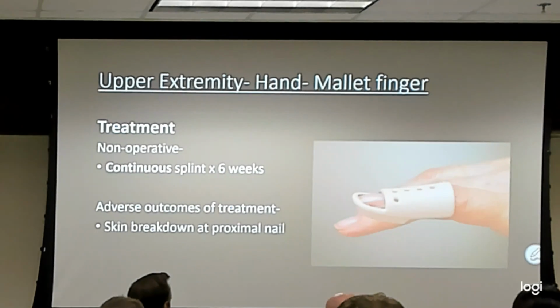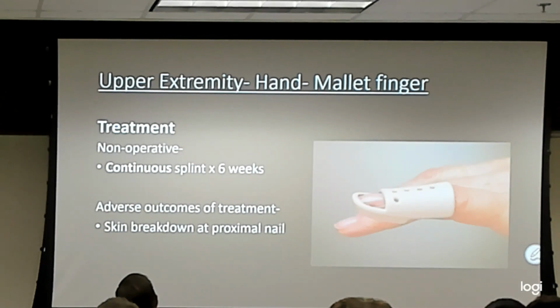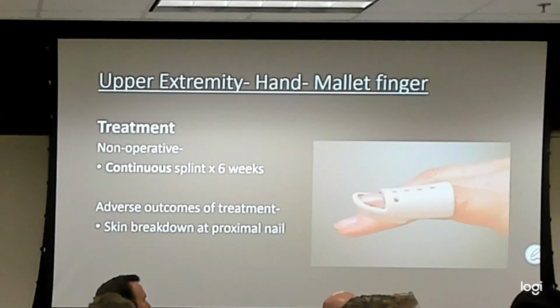Okay. And when I say continuous, I actually mean continuous. If at any point in time they let the finger droop back down because they're in the shower, or they take it off because it's wet, or they just don't want it anymore and it goes back into this position, you have negated every healing that you have done until that point, and they are most likely screwed. So how do I teach them?